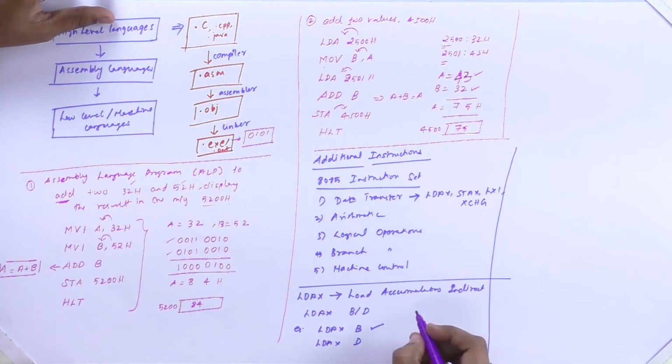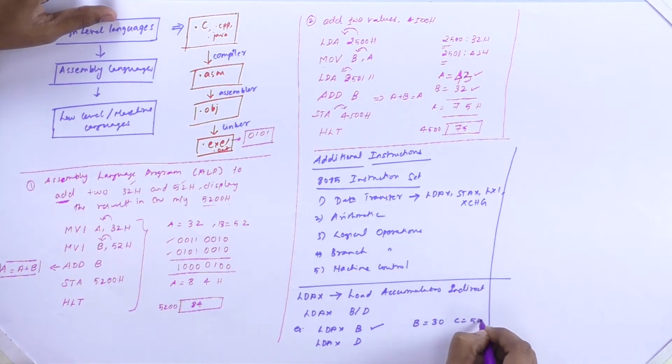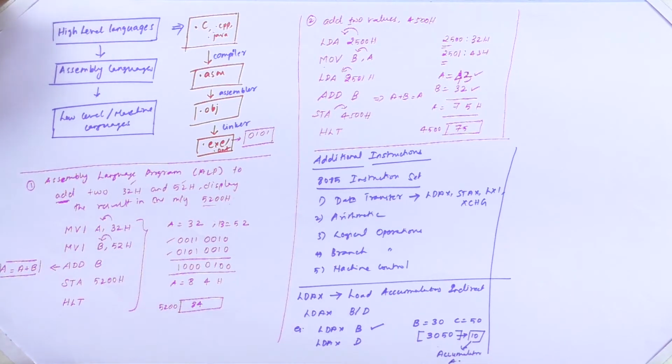For example, if the value of B is equal to 30 and the value of C is equal to 50, then together this value 3050 will be considered as a 16-bit address value, and the data value present in this 16-bit address, let us say 10, this 10 will be copied to accumulator or register A. So this is the function of LDAX B.